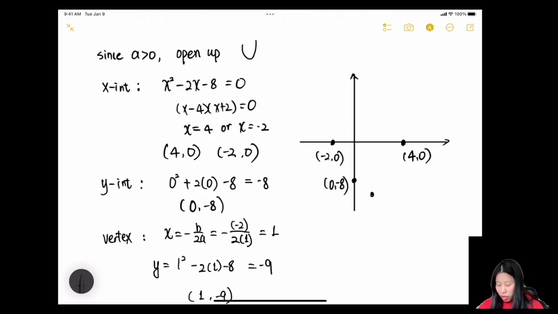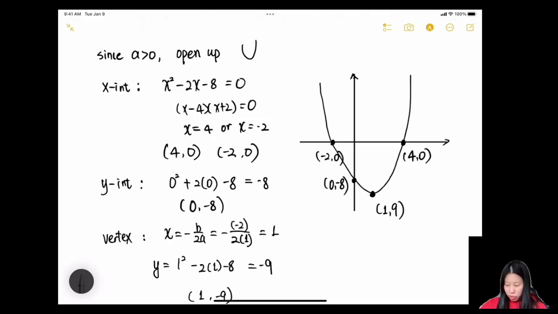And then the vertex is in here, 1 and negative 9. You connect all of this together and it's going to be open up. So here's the graph. So let me give you another example, one that opens down.